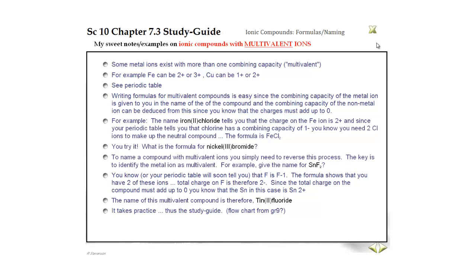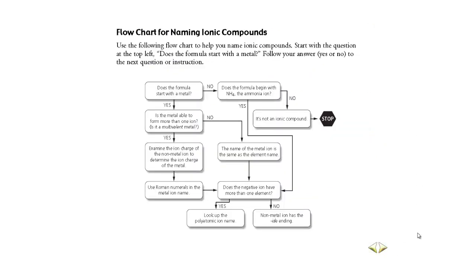So, all of that is going to take practice, and that's again the purpose of this study guide. This flowchart, by the way, was something you were given in Science 9, just to help you determine which type of naming to use when you are given a formula. If you find it useful, do see me and I can give you another one.